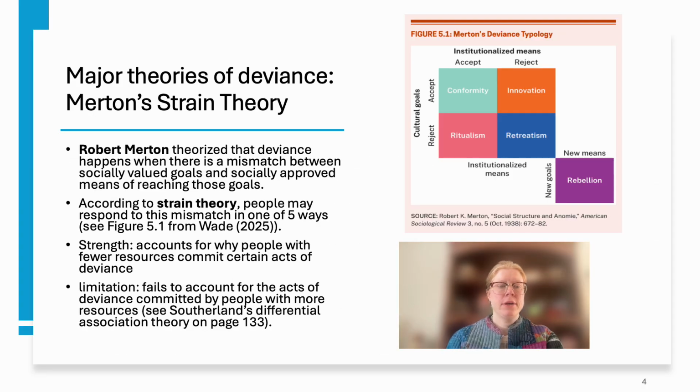The first theory we're going to talk about is Robert Merton's structural strain theory, which we often just call strain theory. Merton theorized that deviance often happens when there's a mismatch between socially approved goals and socially approved means of reaching those goals. Merton says that people, whether they commit deviance or not, tend to want the same things within a society.